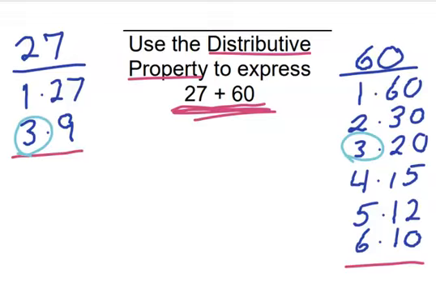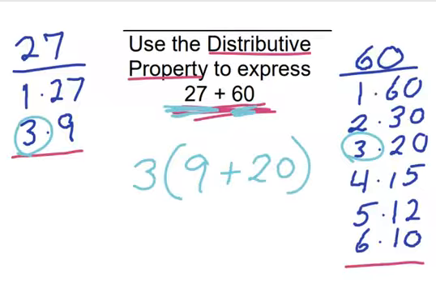So to distribute this out, we're going to take a 3 and put it outside of the parentheses. So how many times does 3 go into 27? Well, 3 times 9 is 27, so we're going to put a 9 right there. And how many times does 3 go into 60? Well, 3 goes into 6 2 times, so 3 goes into 60 20 times. And that's our answer.